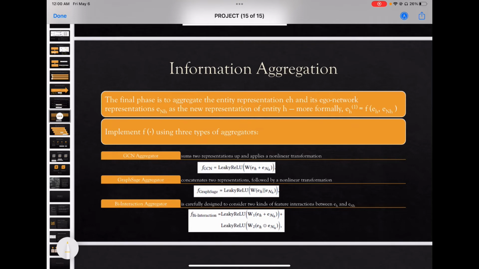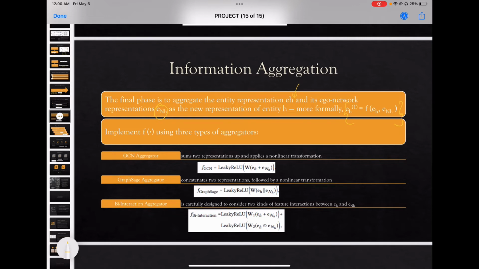The final phase to this is the information aggregation phase, where we have to aggregate the entity representation eH and its ego network eNH as the new representation of entity H. More formally, this is the expression we are trying to achieve. We implement f using three types of aggregators.